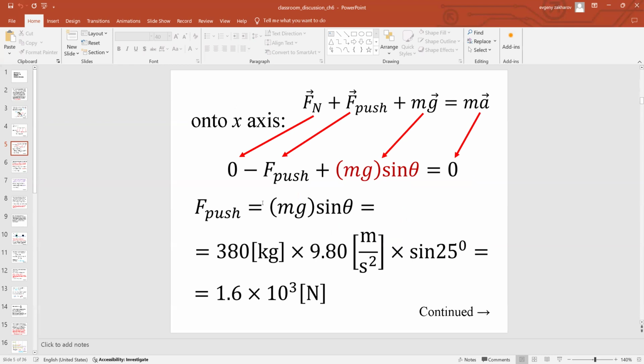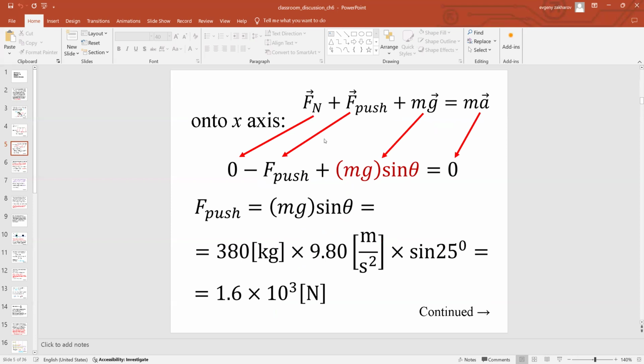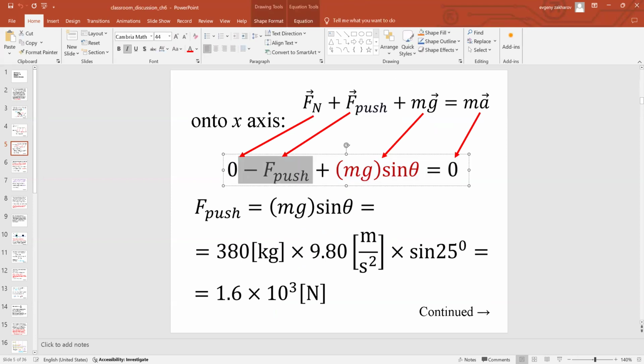Moving on to the x-axis. Onto the x-axis, what do we see? We see F push is opposite to x. So if positive x is downward, push is the opposite direction. So the component of the push is negative. That's what we have right here, negative for the push.